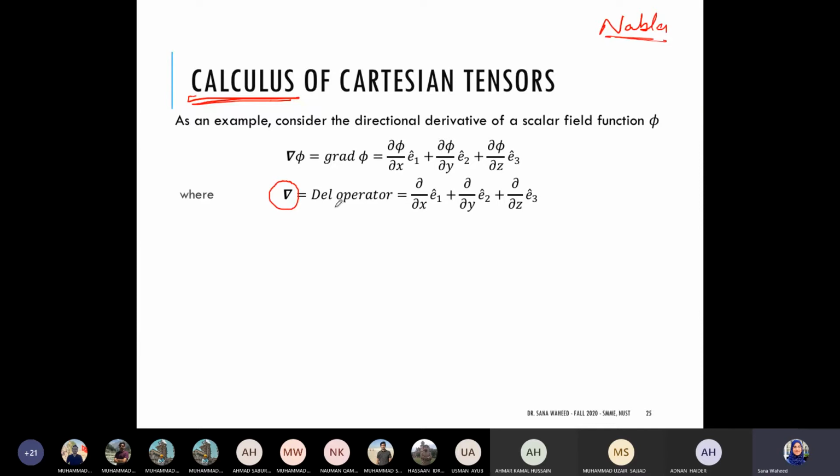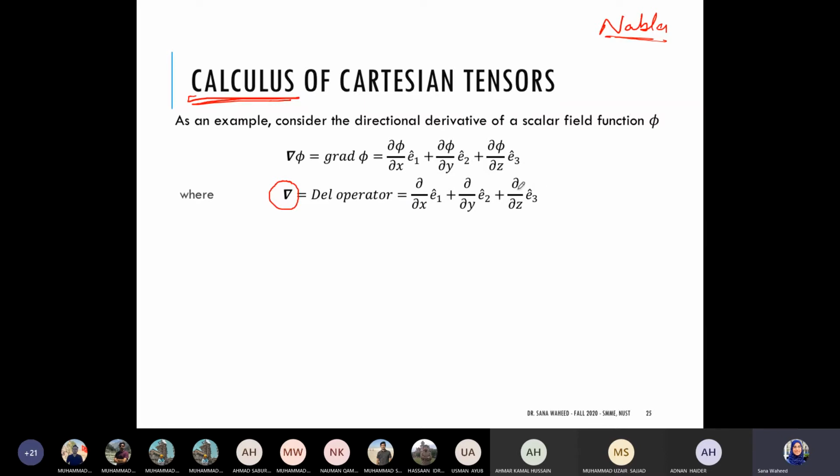That symbol is known as the del operator. What the del operator basically is, is that it consists of the derivative in space with respect to the x coordinate, with respect to the y coordinate, and with respect to the z coordinate, going in each of the basis vector directions.